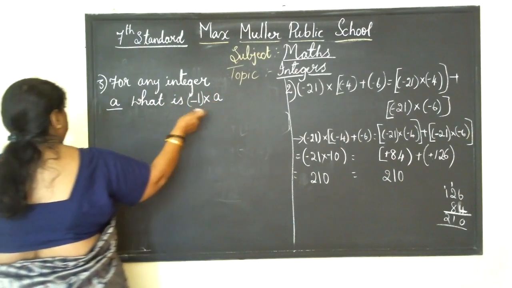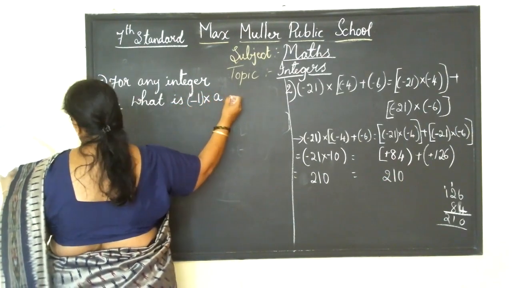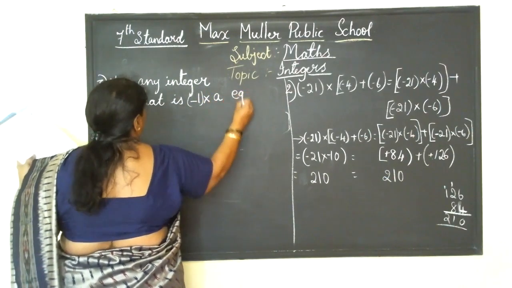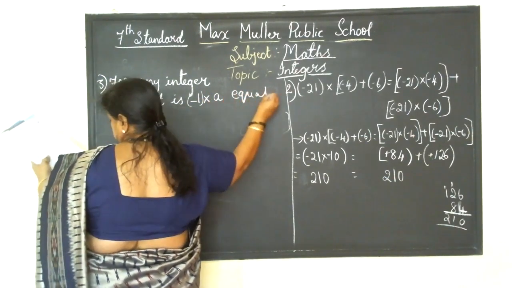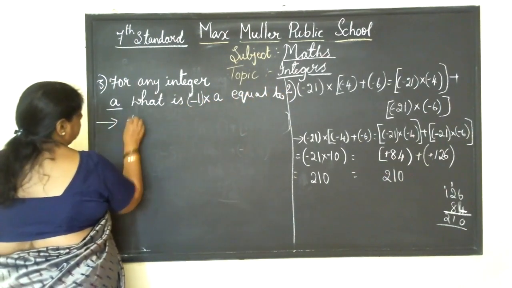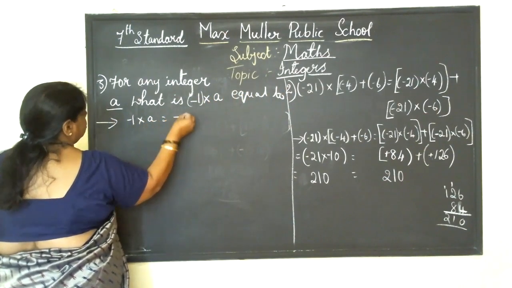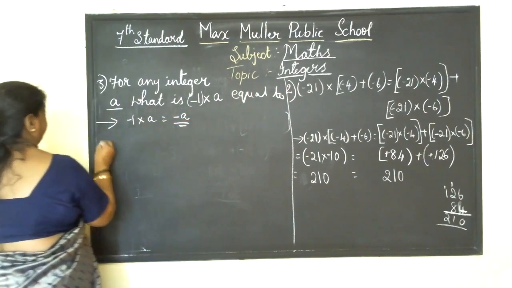That is, if a is multiplied with minus 1, it is equal to... So the answer will be minus 1 into a is equal to minus a.